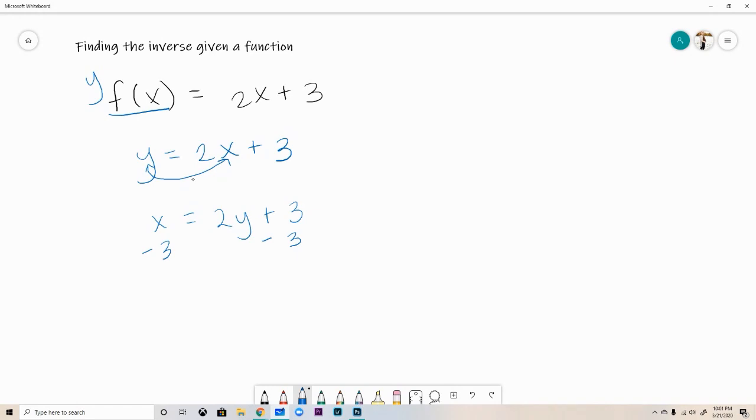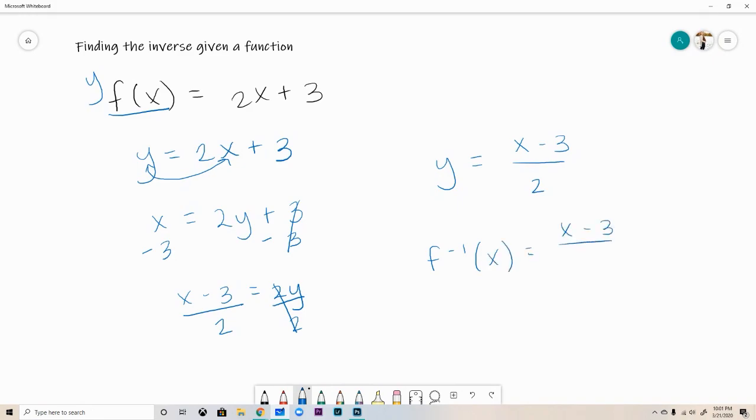We have to keep it balanced, so we do it to both sides: x minus 3 equals 2 times y. To undo the multiplication, we divide by 2, and we end up with y by itself: y equals x minus 3 over 2. So the inverse of this function is x minus 3 over 2.